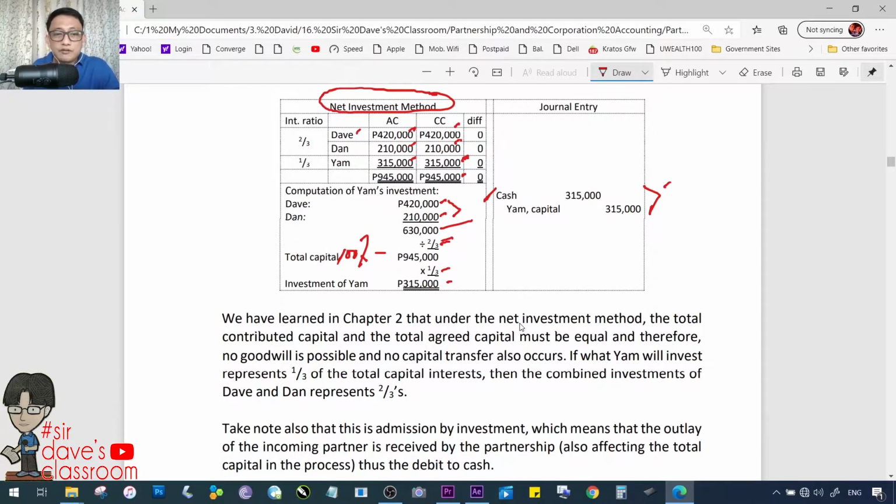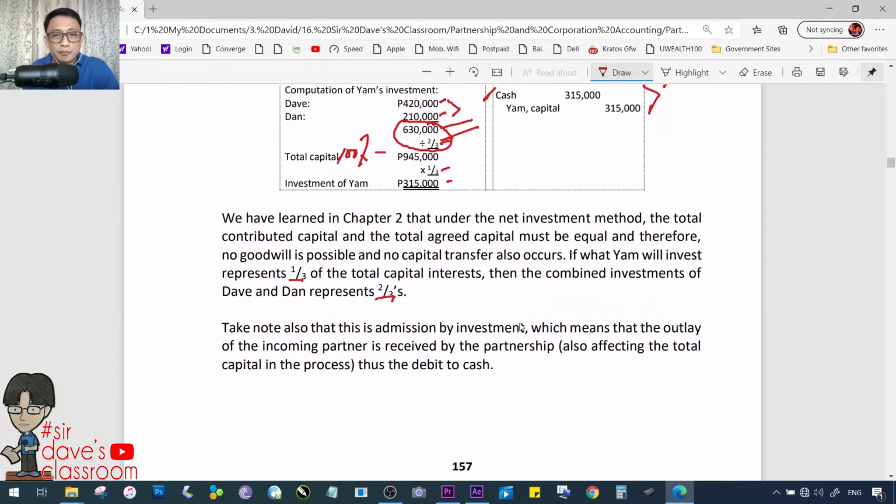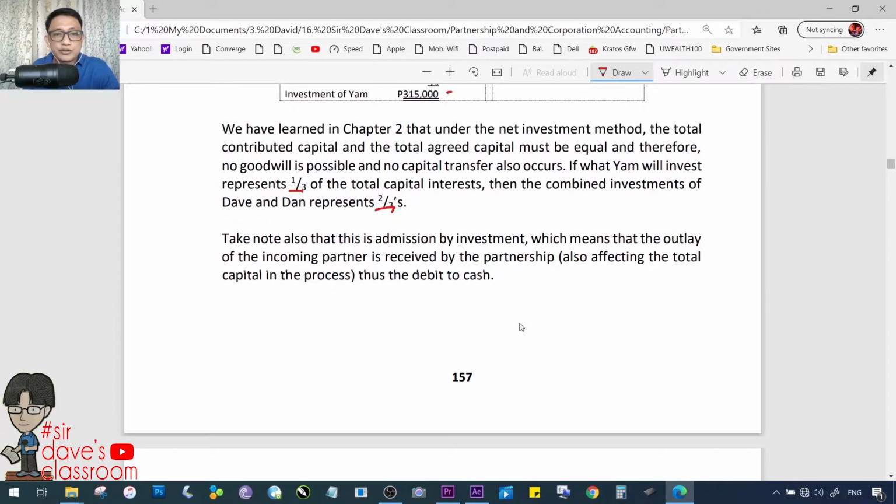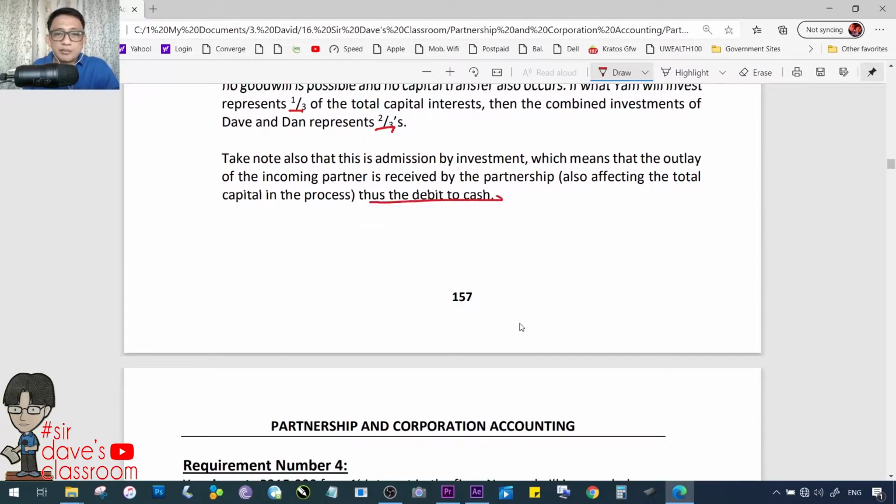If what Yam will invest represents 1/3, then necessarily yung dalawa 2/3. Kaya dinivide natin sila by their own percentage, which is 2/3. Okay? By their own proportion or ratio. Take note also that this is admission by investment, which means that the outlay of the incoming partner is received by the partnership. Correct yan. Thus, the debit to cash.